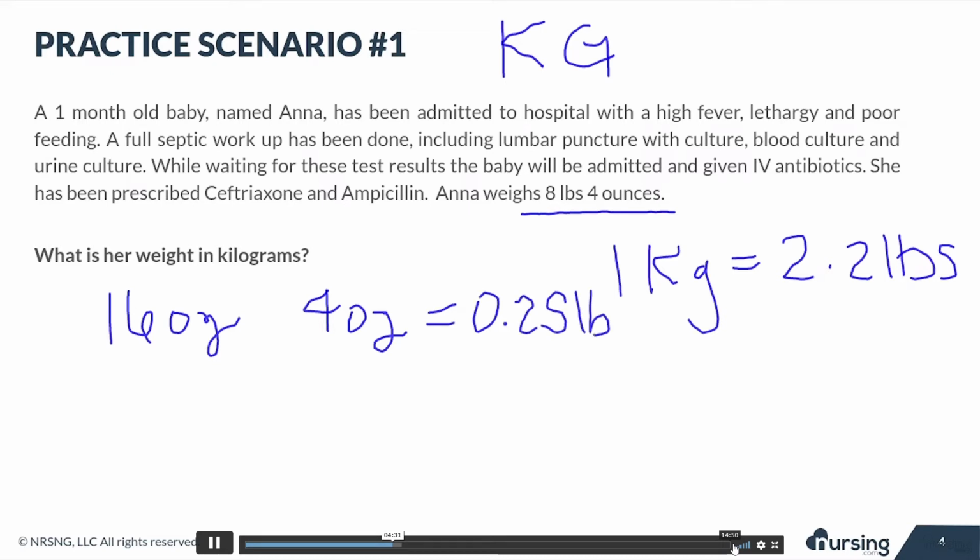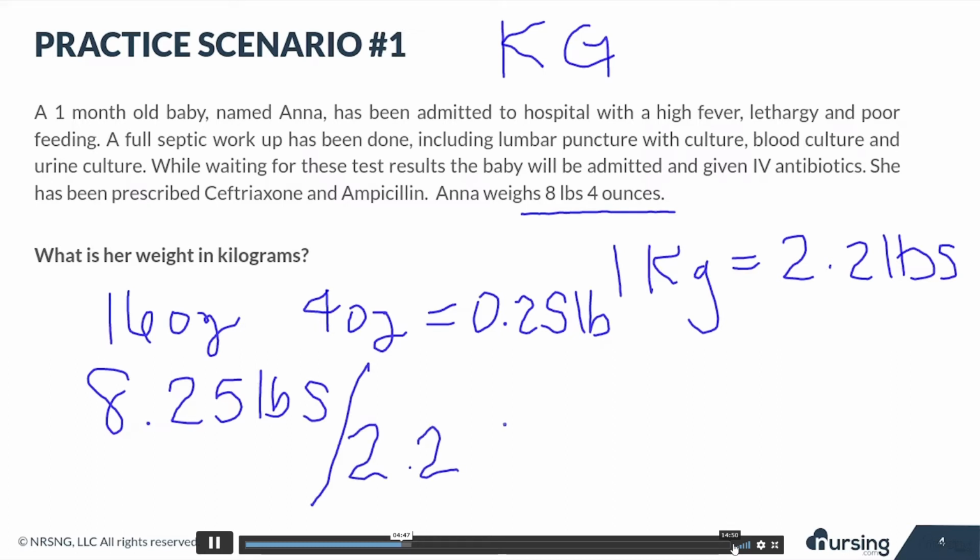So we're going to be working from 8.25 pounds. And all we have to do to figure out how many kilograms 8.25 pounds is, is divide the number of pounds by 2.2. And when we do that, we get 3.75, and that's how many kilograms Anna weighs.